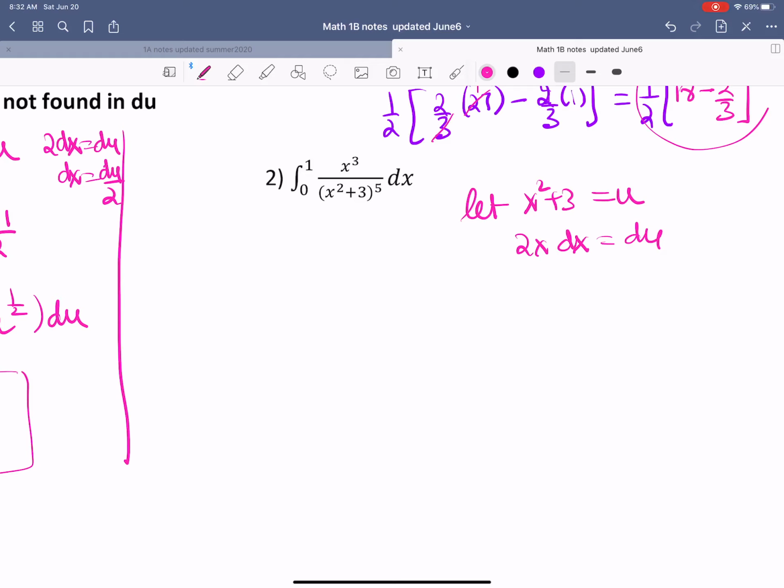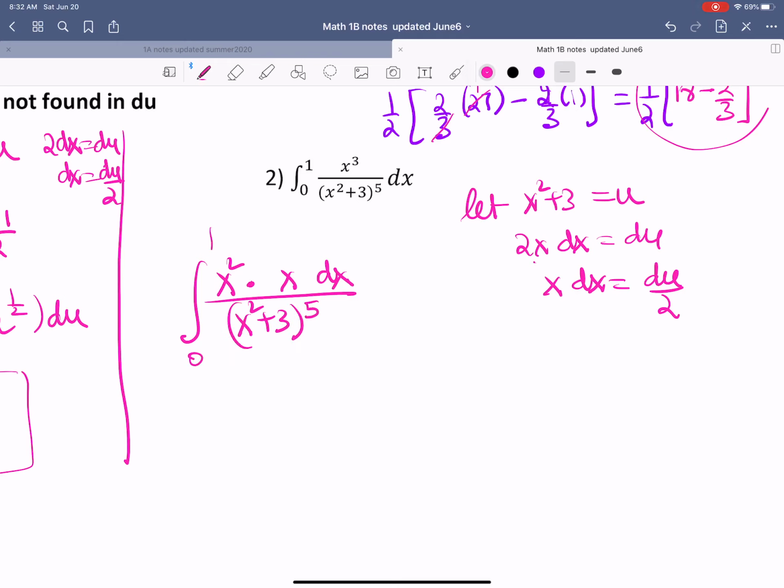So what can I do with that x cubed? Let's think about it. So I do need 1x with the dx to go to my u values. I can write it as x squared times x dx over x squared plus 3 to the 5th power, going from 0 to 1. Now that looks like a nicer problem because this entire thing will be my du.